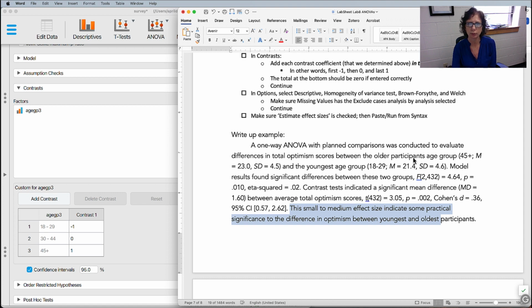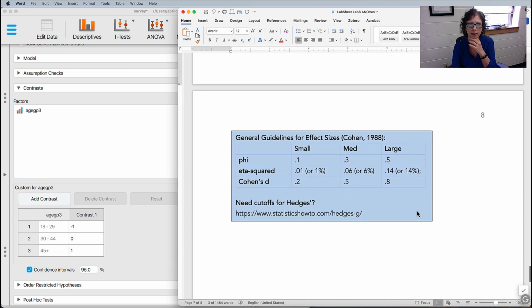And if you didn't have Cohen's d, you would have to do your interpretation statement off of the eta squared. And we do have those cutoffs from Lab 7. I went ahead and pasted them down here as well. So a 0.03 eta is small to medium.